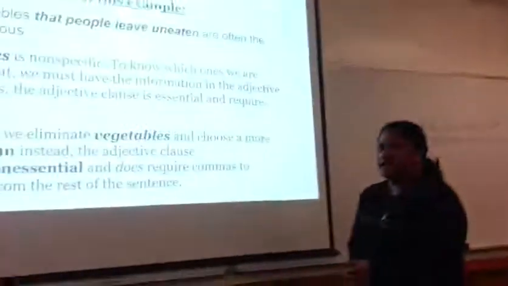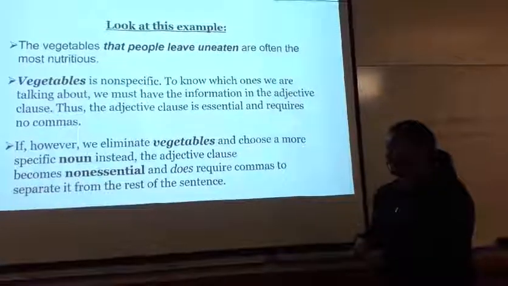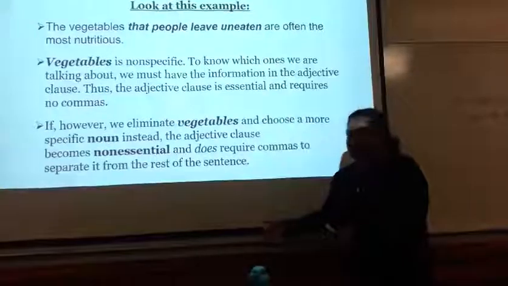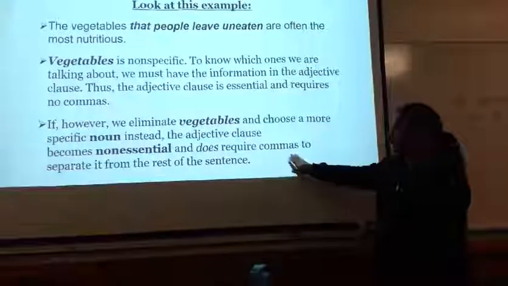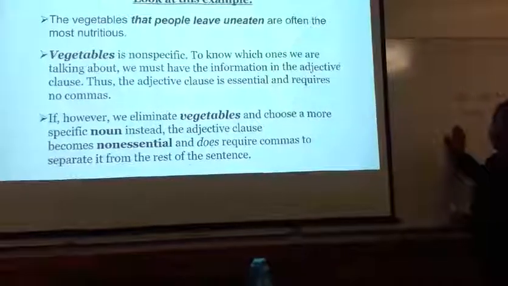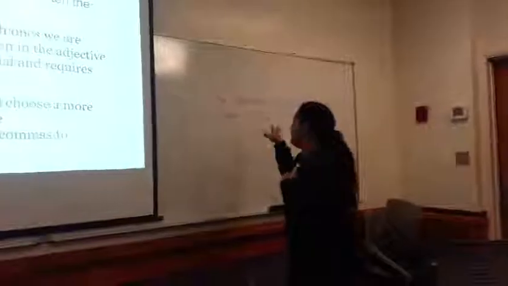We eliminate vegetables and choose a more specific noun instead. The adjective clause becomes non-essential and does not require commas to separate it from the rest of the sentence, as shown in this example.